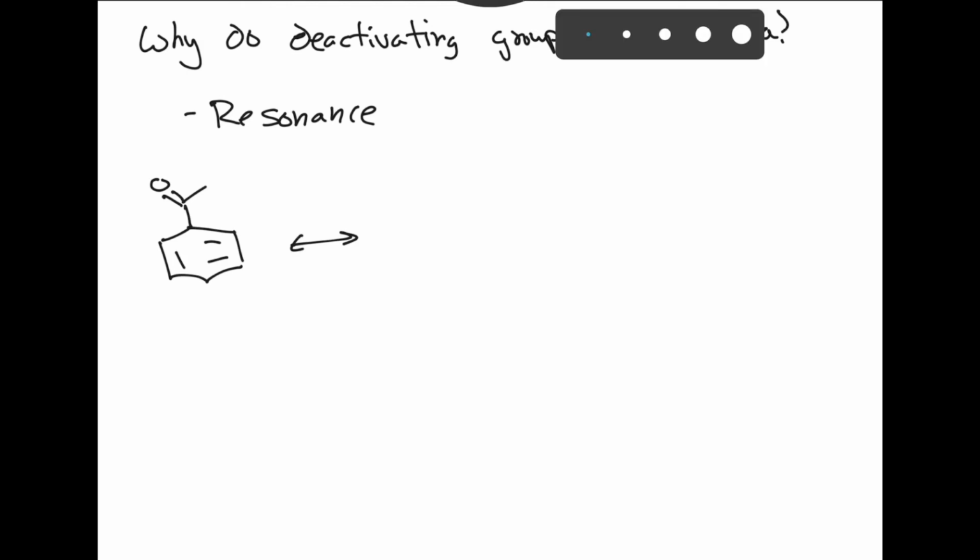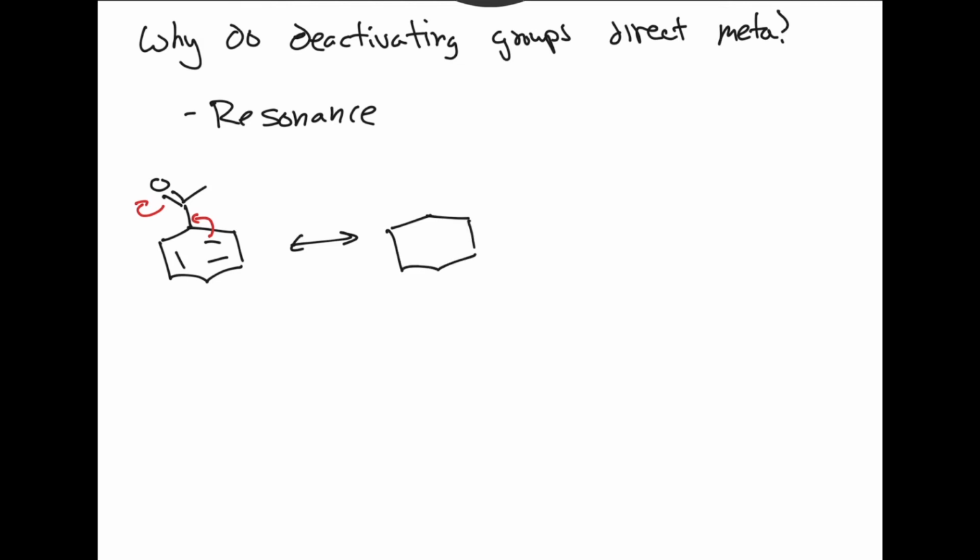So now I can draw my resonance structure, but electrons are leaving the ring. Right, so I end up with a positive charge on my ortho position, but that positive charge is beside a double bond.